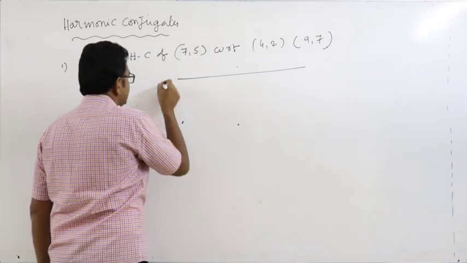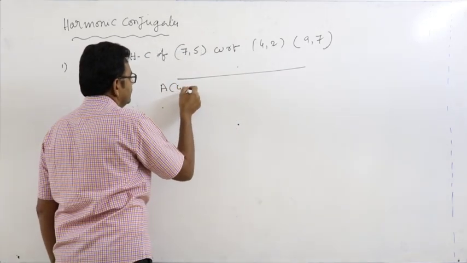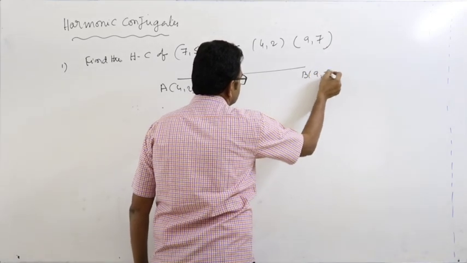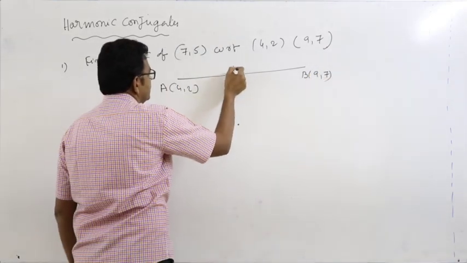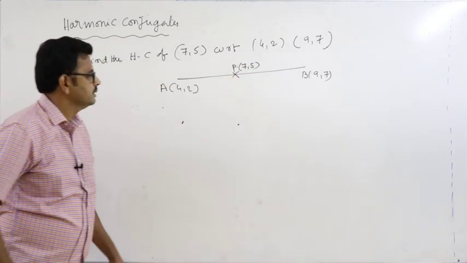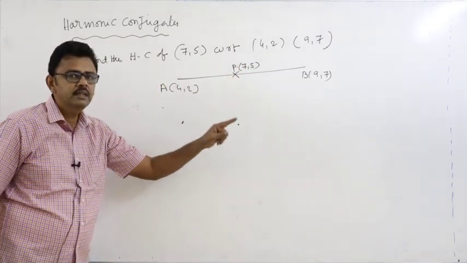So the point A is (4, 2), the point B is (9, 7), and this point P is (7, 5). We need the harmonic conjugate of P with respect to A and B.